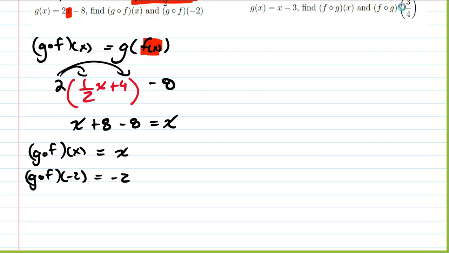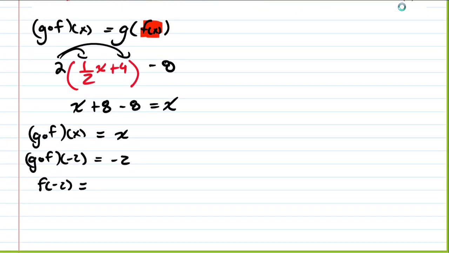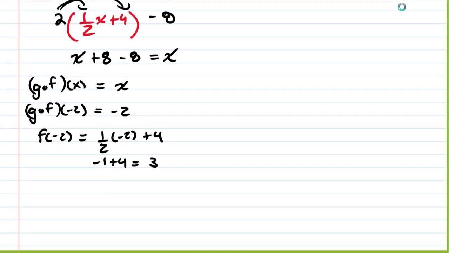So just to verify, like we did with the function algebra, if I calculate f of negative 2, f of negative 2 is going to be 1/2 times negative 2 plus 4, which is going to be negative 1 plus 4 gives me 3.